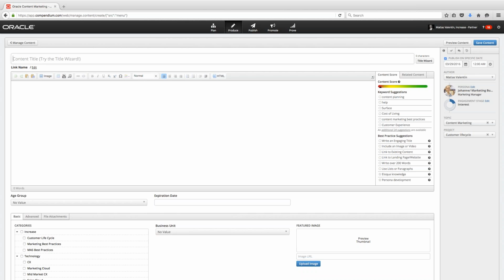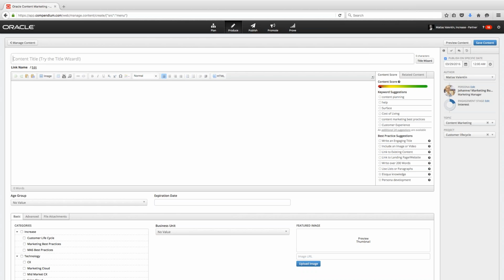So when you're in your content creation, you also have a lot of keyword suggestions that are also helping your success for later. So if you use these words in your text, they will actually be checked, and your content score, as you can see on the right side of your screen, and as we have written nothing in here, it's quite red, so it's not really helping us reach out to Johanna.